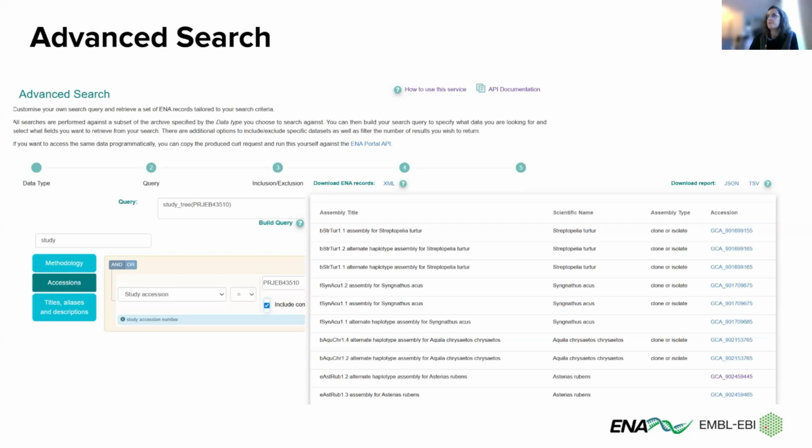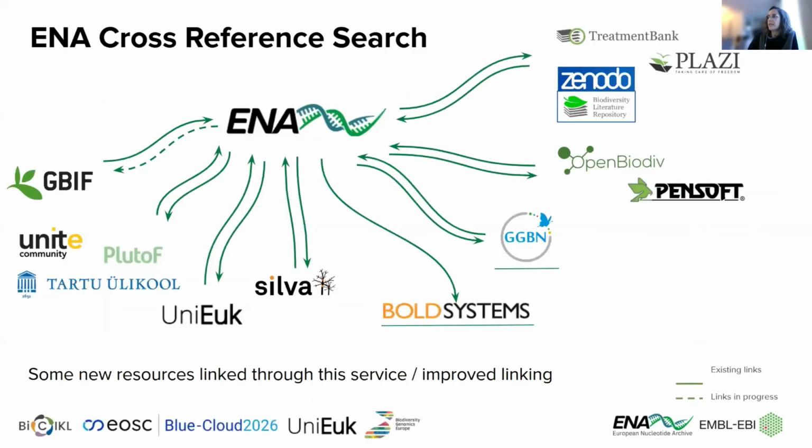This is just an example of what you can do. One other thing that we have been working on throughout the years is improving biodata linking between the data we hold at ENA and other data resources, which is valuable in terms of data reuse. We have done this in the scope of a number of projects. So we link with other EMBL-EBI resources, but we also link with external resources such as SILVA and UNITE.